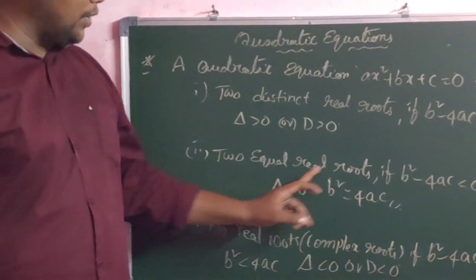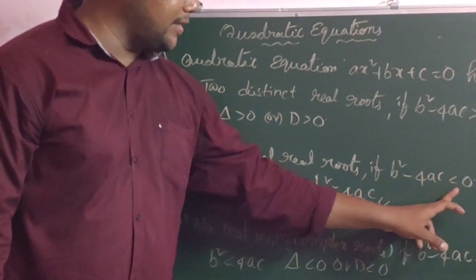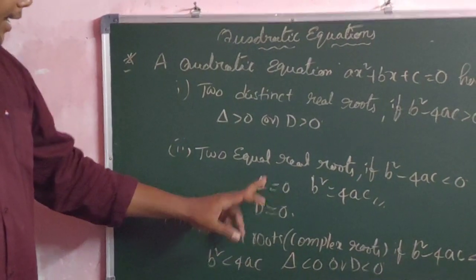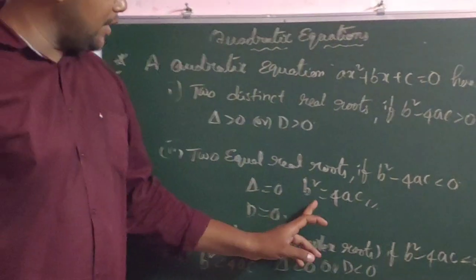And two equal real roots if delta equal to 0, or D equal to 0, b square is equal to 4ac.